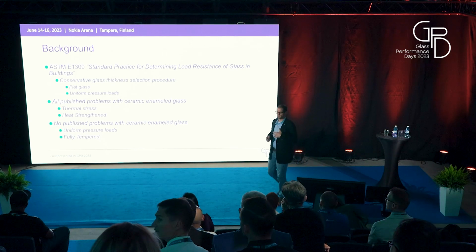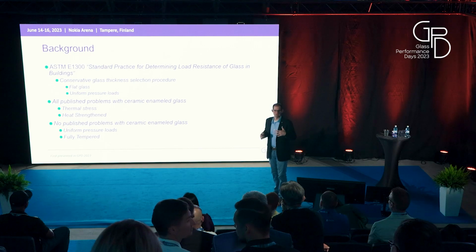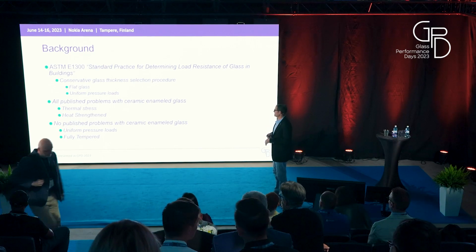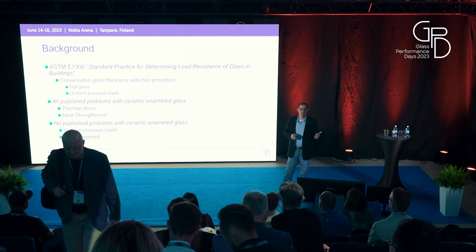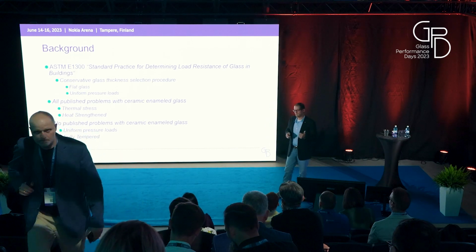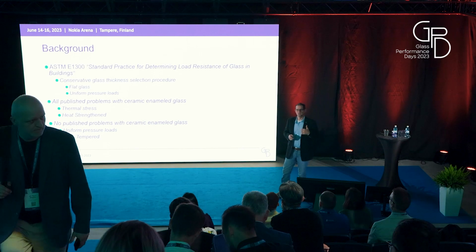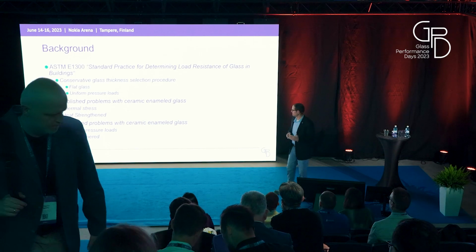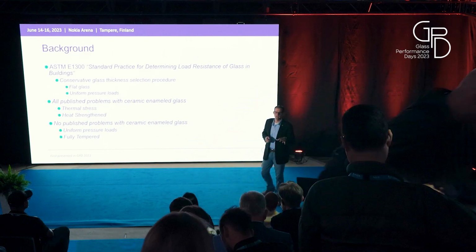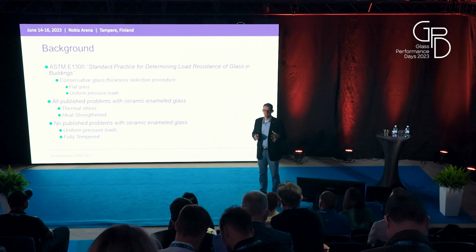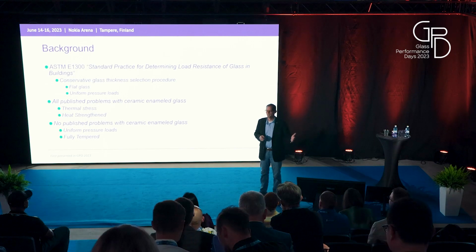What brought this to the forefront, at least concerning ceramic enamel, is we've had a few buildings that have had thermal stress failures. And to date, I'm not aware of any that were uniform pressure load. The ones that have failed, like I said, are thermal stress related, and they're associated with heat strengthened buildings, not fully tempered.